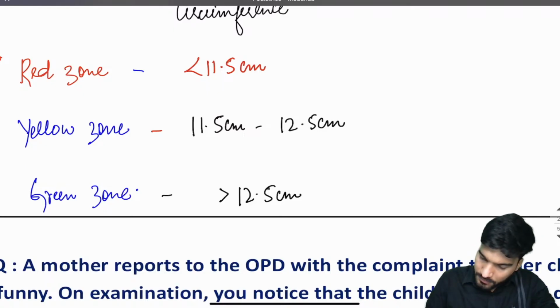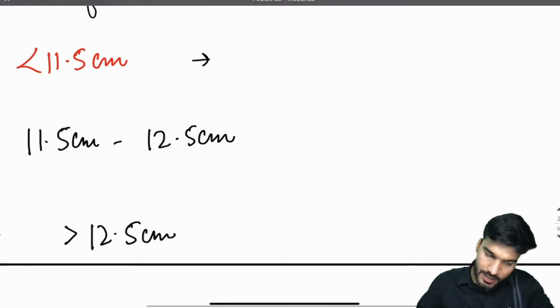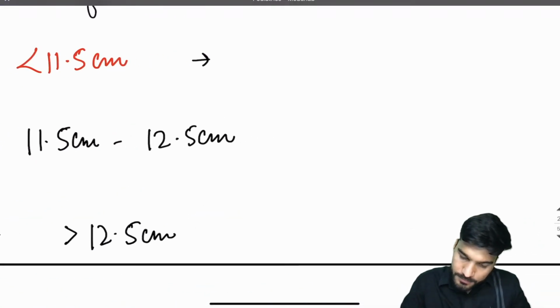Red zone means a malnourished child or undernutrition.